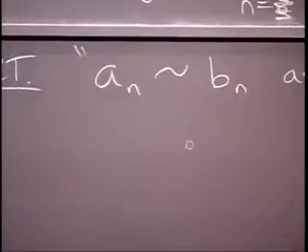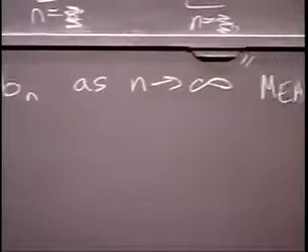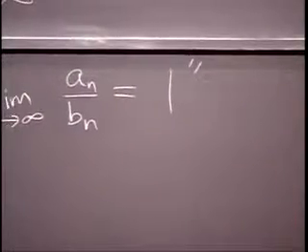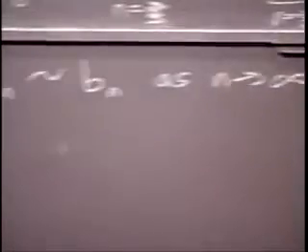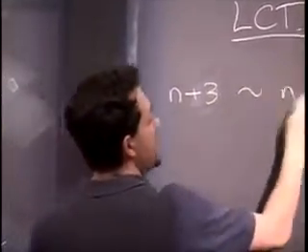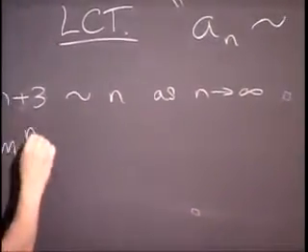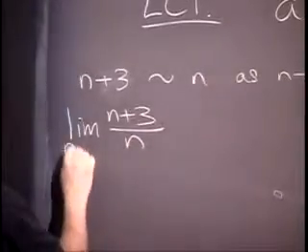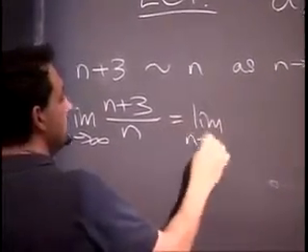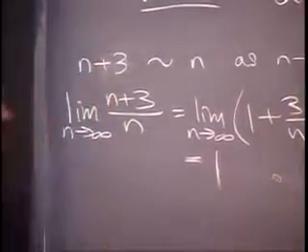Okay, again, how do you know what this is? Well, we did a whole lot of relationships like that involving polynomials and some trig functions. As a simple example, we know that n plus 3 is asymptotic to n as n goes to infinity, because the limit of the ratio (n plus 3) over n is the same as 1 plus 3 over n, so that limit is 1.